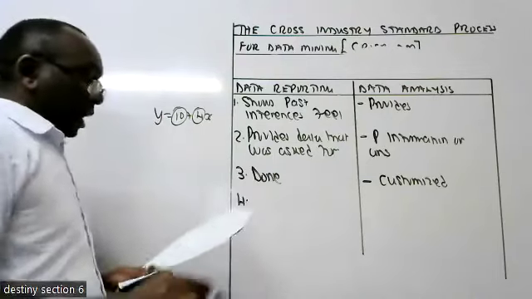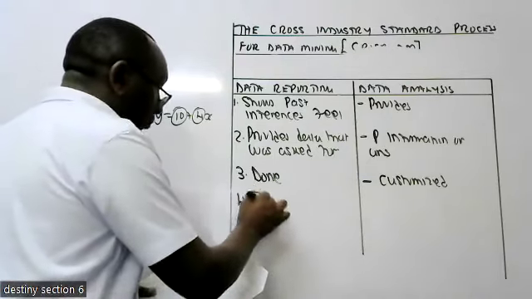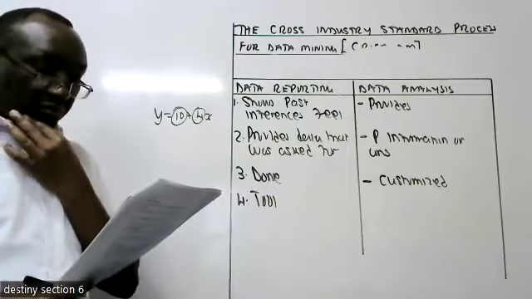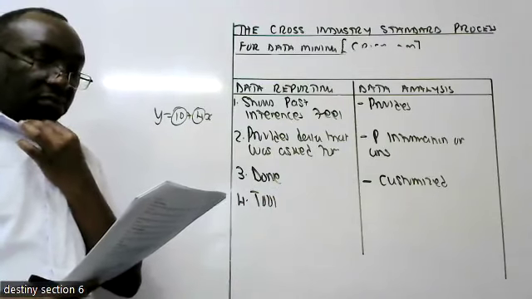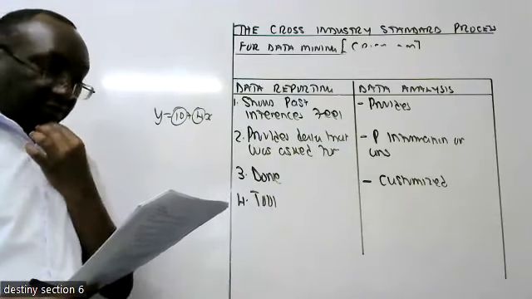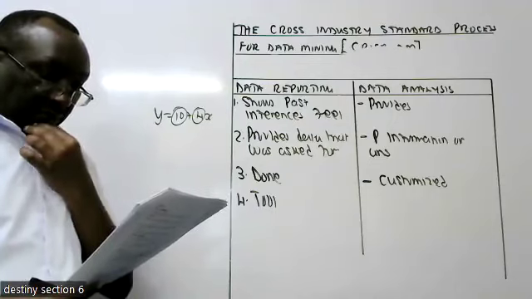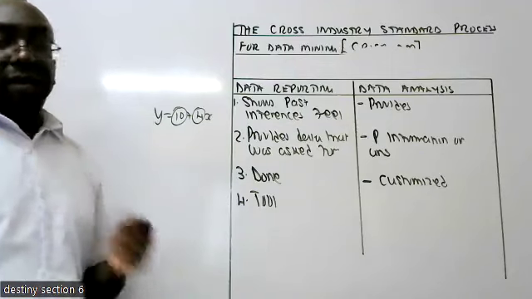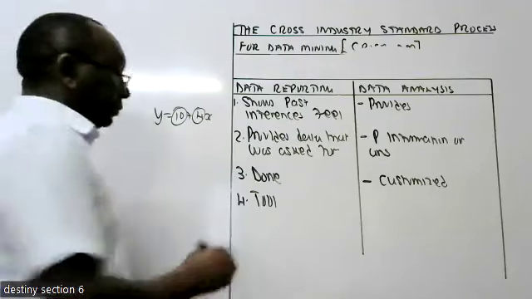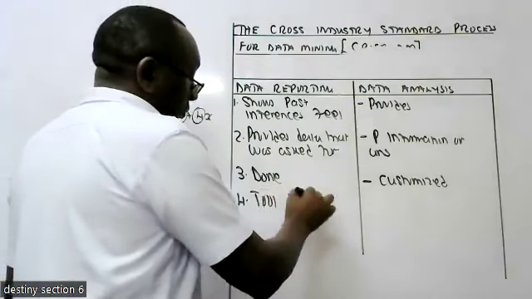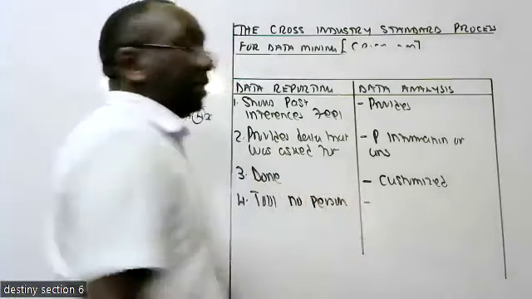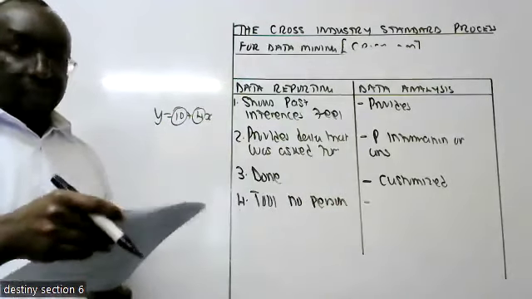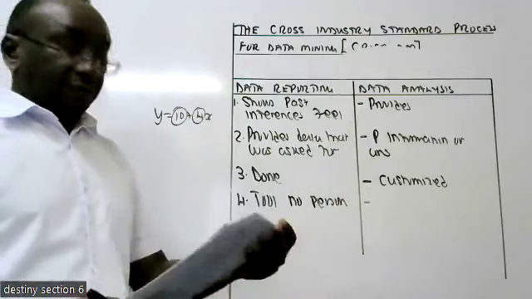Number four, reporting can be done using a tool that does not involve any person. But on the other side, for analysis, a person must be involved for it to be complete.